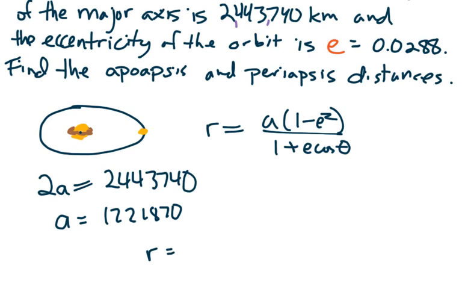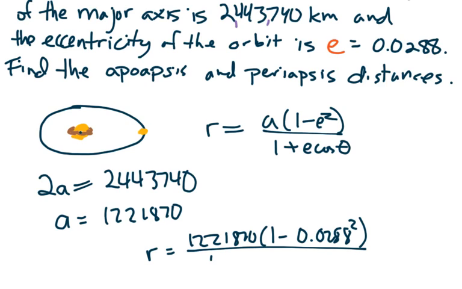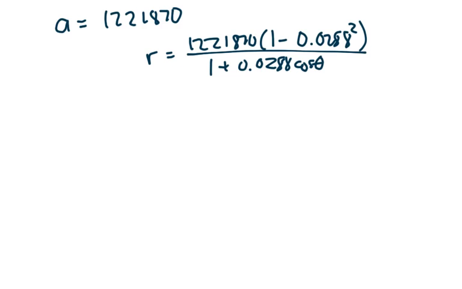So r is going to be all of that times 1 minus 0.0288 squared over 1 plus 0.0288 cos θ. Simplify at least the numerator for me. Square e and then subtract it from 1 and multiply by a.